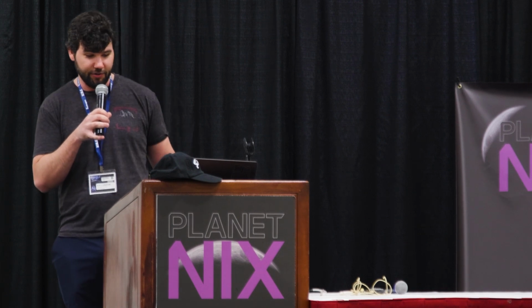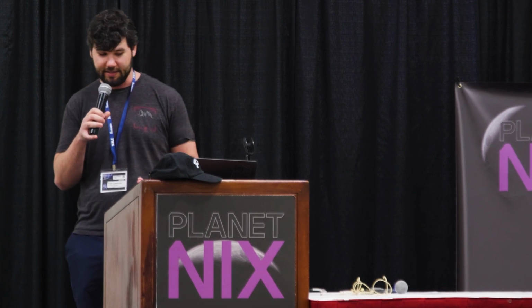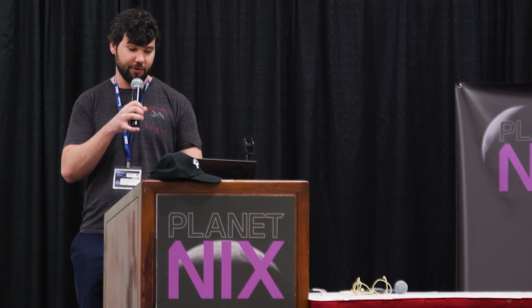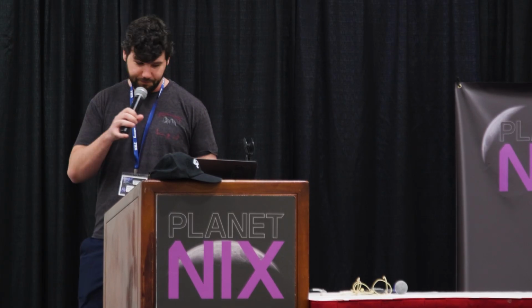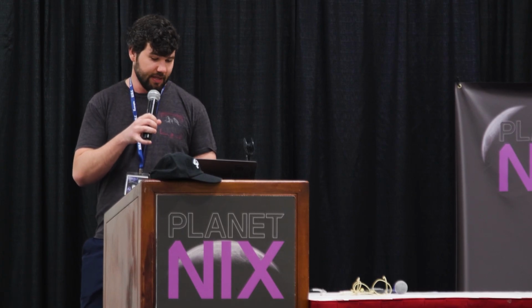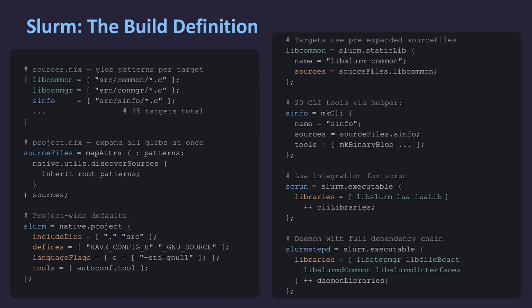And this is what the build definition looks like, which I think actually looks fairly nice. You define your sources up here. We support glob patterns, so you can just say all of the C files in this directory, and then this is what a project definition looks like. You define your project. This just sets default parameters that are inherited by everything later.